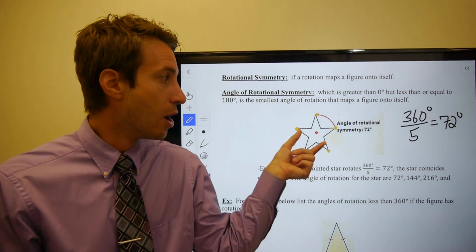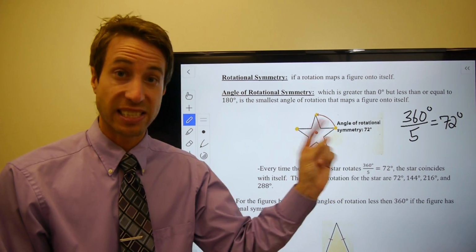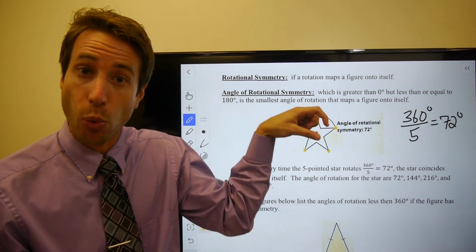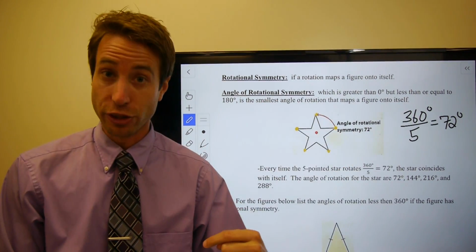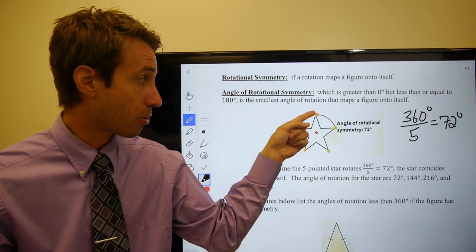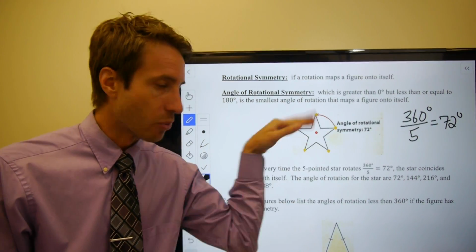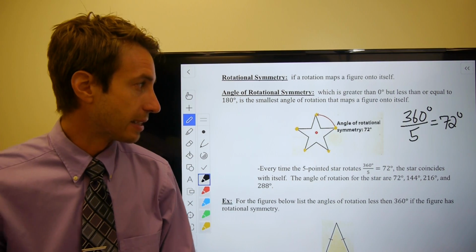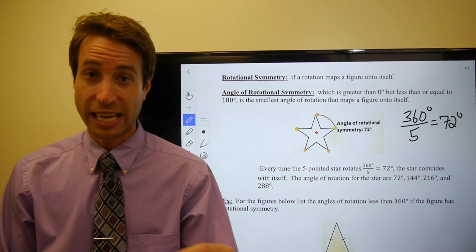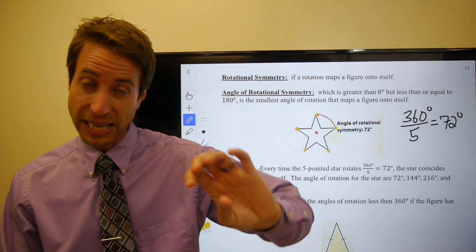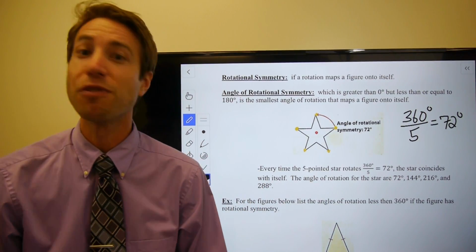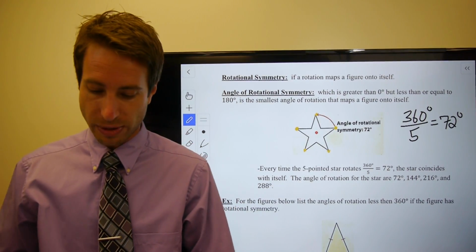So that's how I know rotating this object 72 degrees each time will map the object onto itself. You'll get a star where the point is up, one going left, one going right, and 2 down at the sides at different angles. Okay, so rotational symmetry, is there some way to rotate that object so that it maps itself right back onto the object?